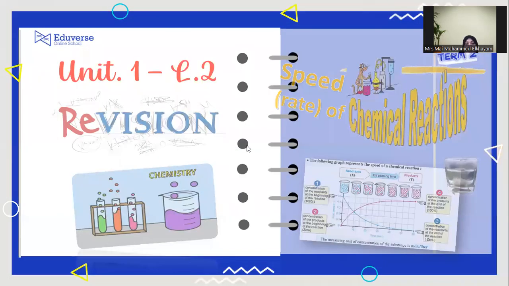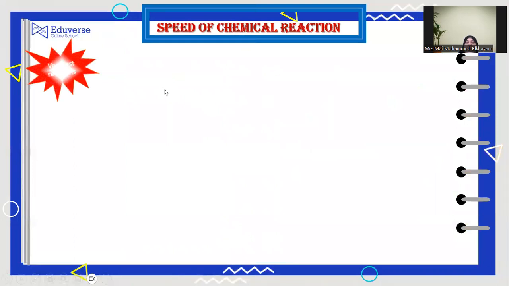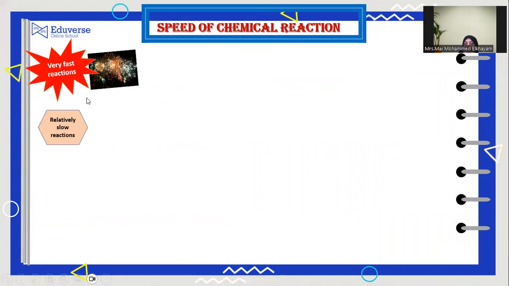Okay, let's go. Unit 1, Lesson 2, speed or rate of chemical reactions. If I asked you about some chemical reactions, you may describe them as very fast reactions because they take a very short time, like fireworks, or relatively slow reactions which take a short time, like the reaction between caustic soda, sodium hydroxide, and oil to form soap.